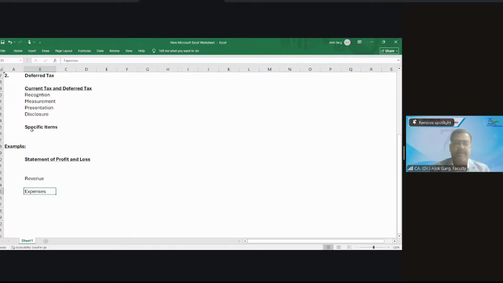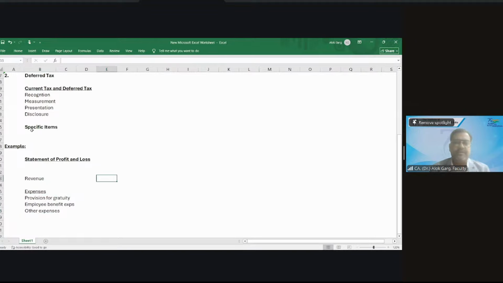And in my expenses, there is an expense on account of provision for gratuity, and other expenses. Purposely, I have separately shown provision for gratuity.